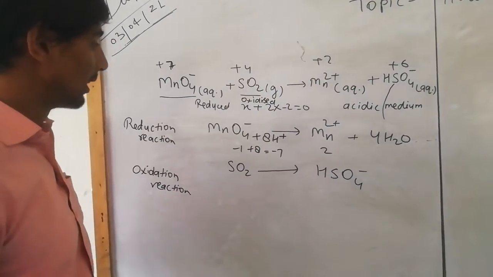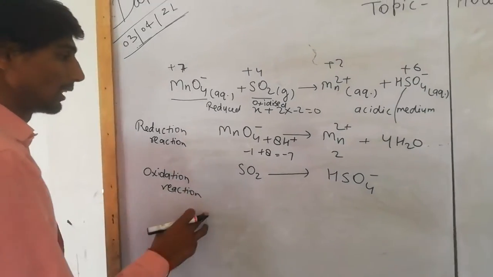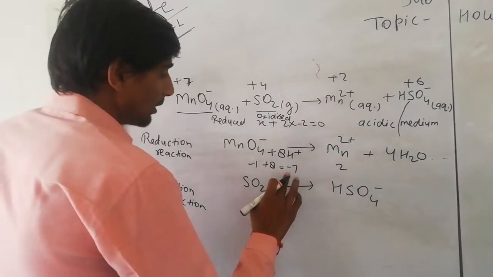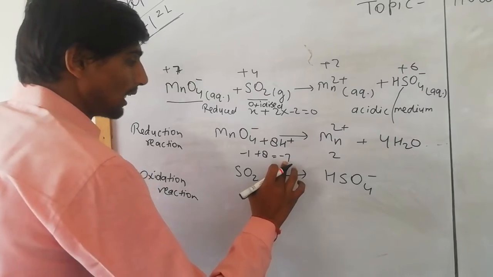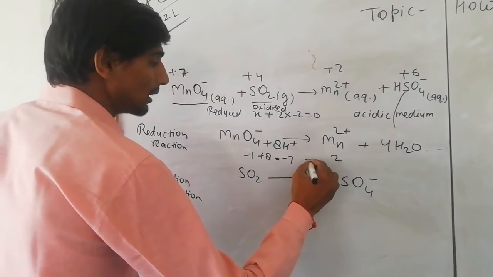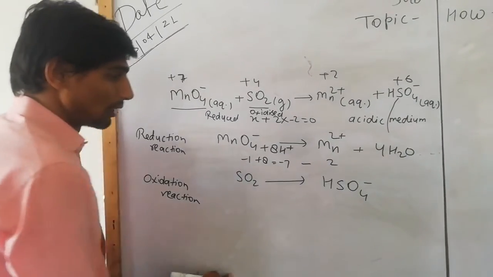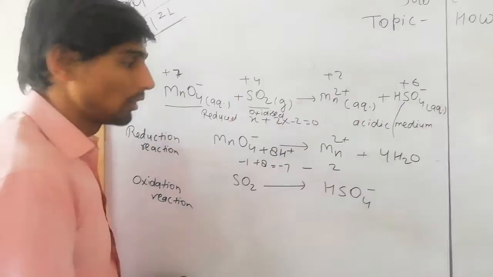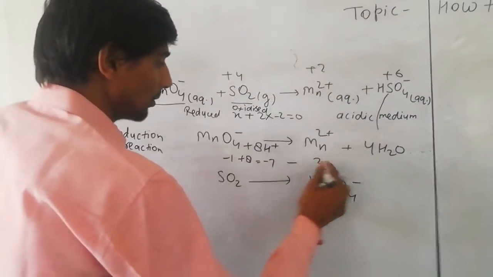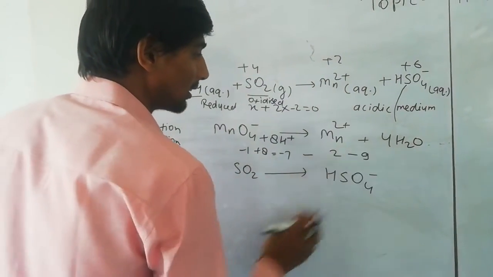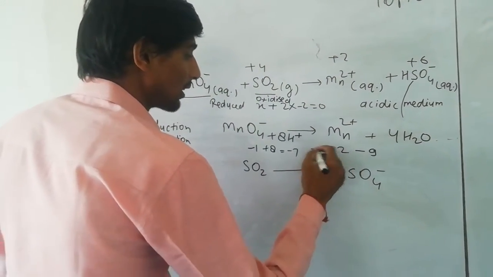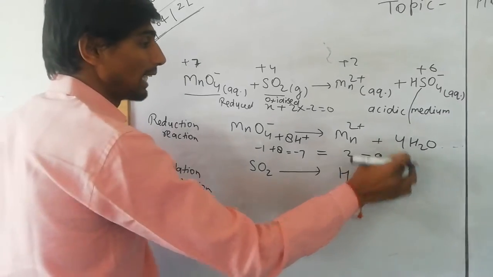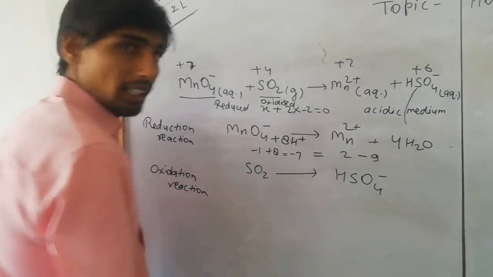So the charge on this side must equal this side. How will we balance it? We add electrons. The difference is 5, so 5 electrons are added.